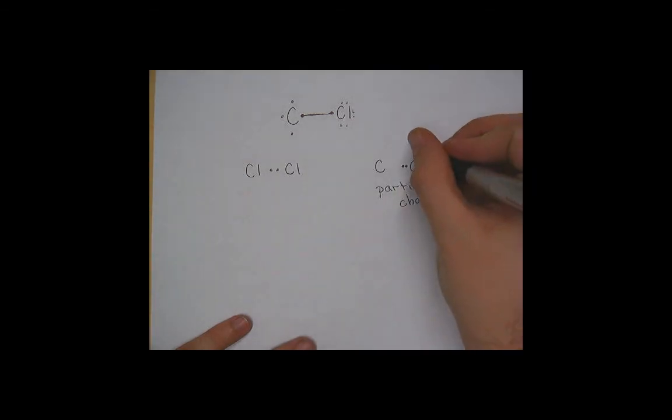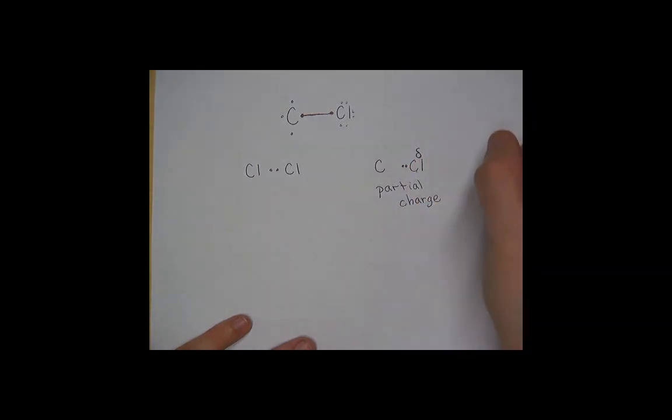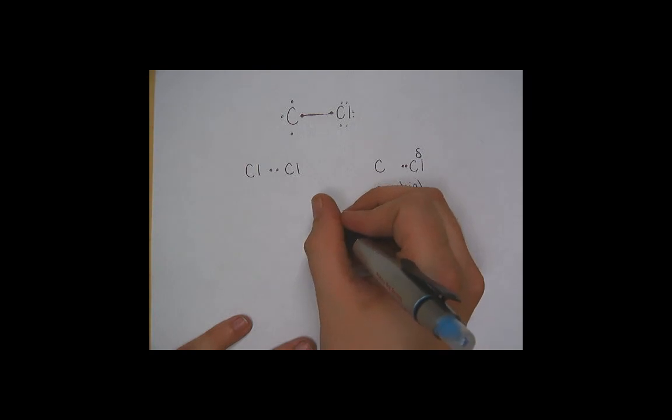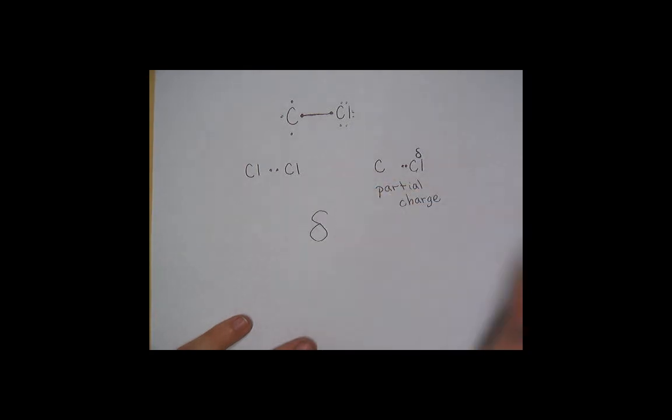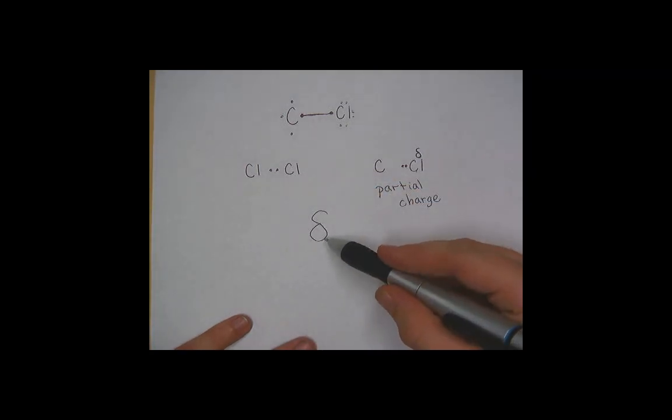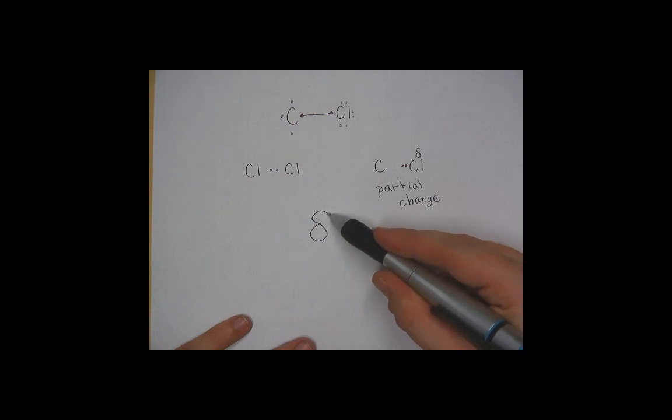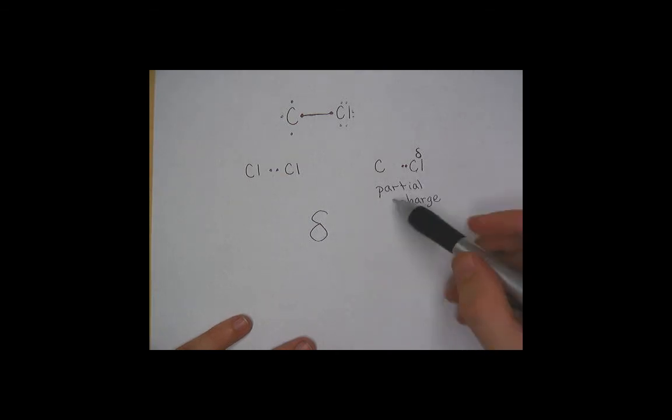One of them is to use what we call a delta symbol. And I'll come off to the side and draw that a little bit larger. It's a delta. It's a lowercase Greek letter. Just think of it as a number 8 that never quite closes up. And it just carries the meaning partial.